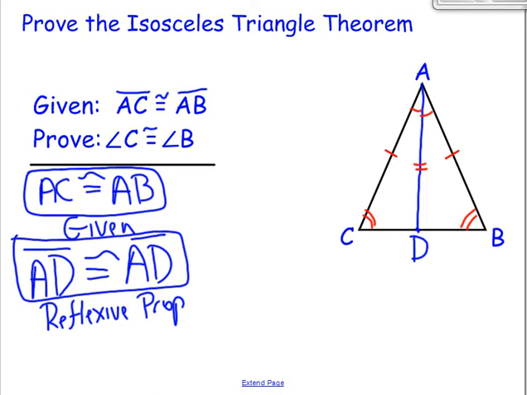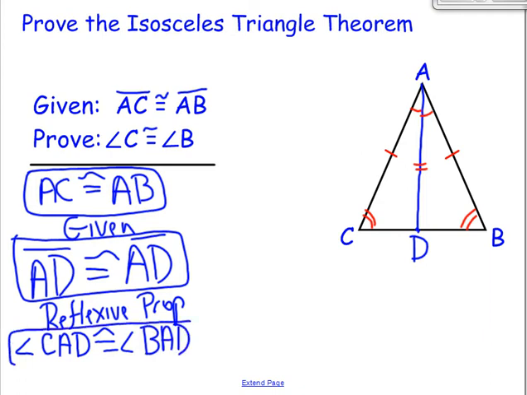And now what else I know here is that angle CAD is going to be congruent to angle BAD. We'll box around this one here. And we know that because of the definition of an angular bisector.